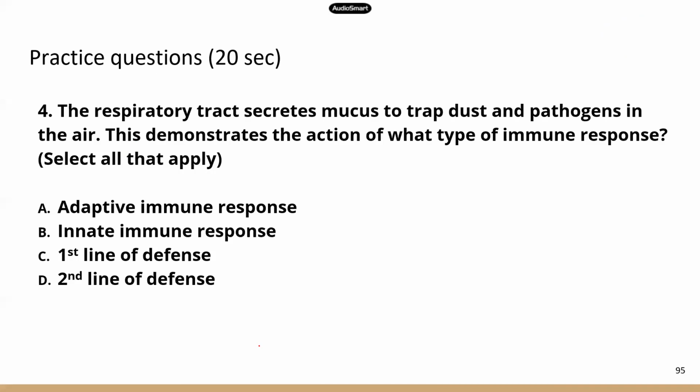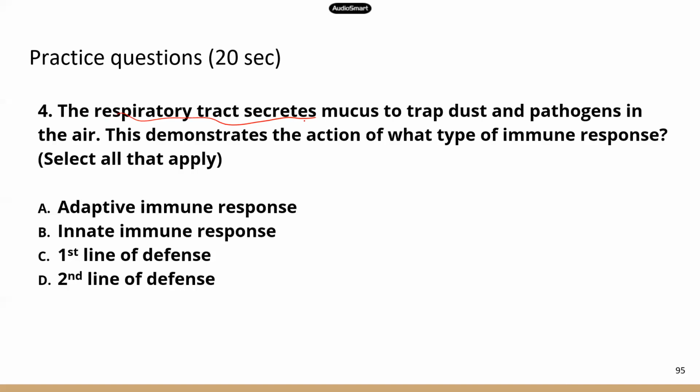The respiratory tract secretes mucus to trap dust and pathogens in the air. This demonstrates the action of what type of immune response? Select all that apply. So the respiratory tract has cells that secrete mucus, and this is the mucus membrane layer.